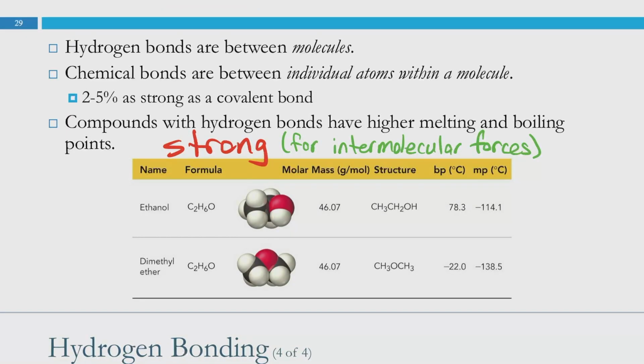Comparing two similar things, ethanol and dimethyl ether, which I think is what we were looking at before. Dimethyl ether and ethanol have the same chemical formula. Ethanol can hydrogen bond, and dimethyl ether is only polar.